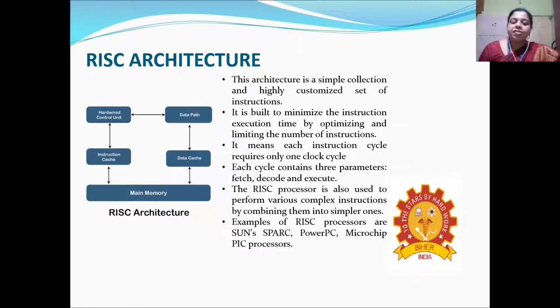Mainly this RISC processor is used to perform various complex instructions by combining them into simpler ones. Under RISC processors we have Sun SPARC, PowerPC and Microchip PIC processors.